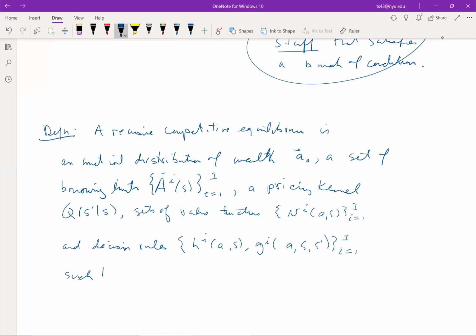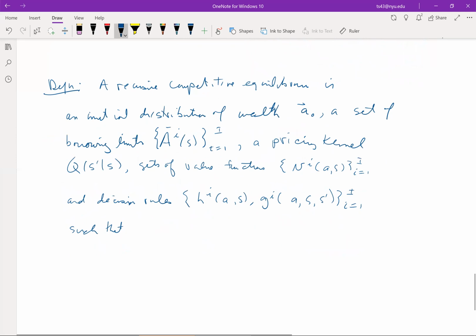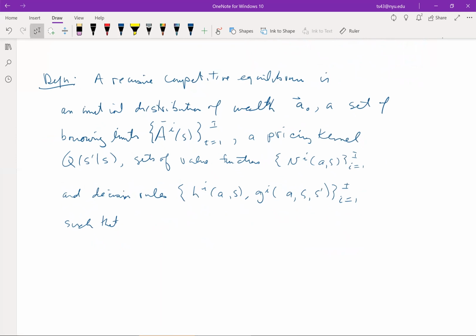Such that, okay. So here we go. The state by state borrowing limits satisfy, I'm going to call this the recursion, or I'm just going to say the Bellman equation.